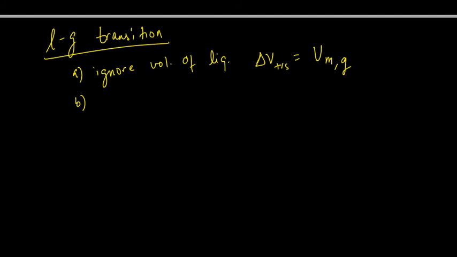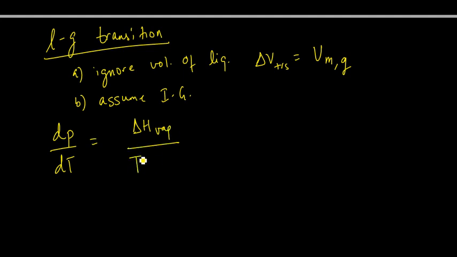If I could assume ideal gas, then my Clapeyron equation becomes dP/dT is equal to delta H of vaporization, this is liquid gas so this is boiling, by T, and then we have delta V, which is now V of gas, which is RT by P. Yes?